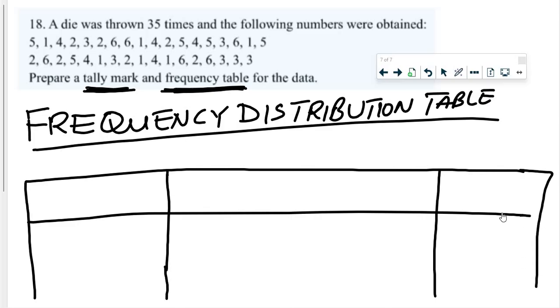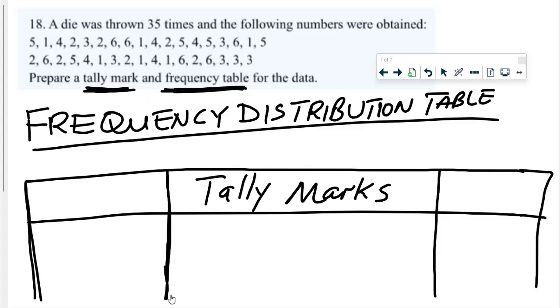This column, which is wider, is labeled as tally marks. And the first column stands for the data itself, which is talking about a die which was thrown 35 times and the following numbers were obtained. So here you write numbers on a die that was thrown 35 times.